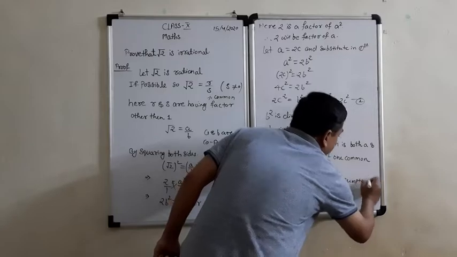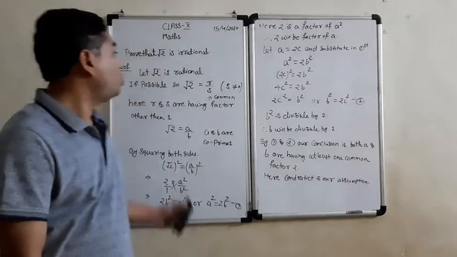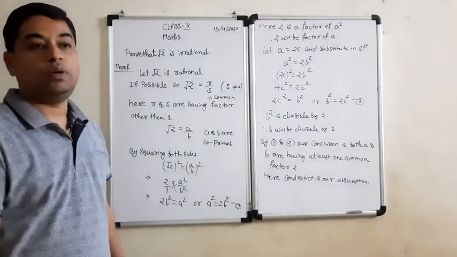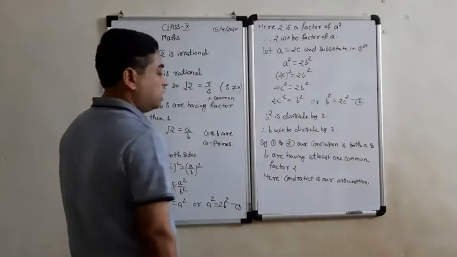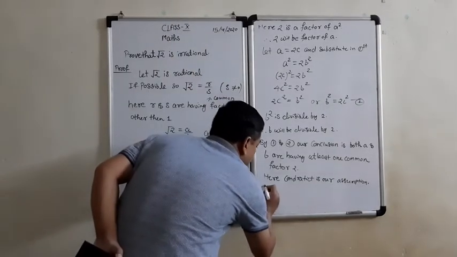And why has this contradiction arisen? This contradiction has arisen because root 2 is not rational, it is an irrational number.